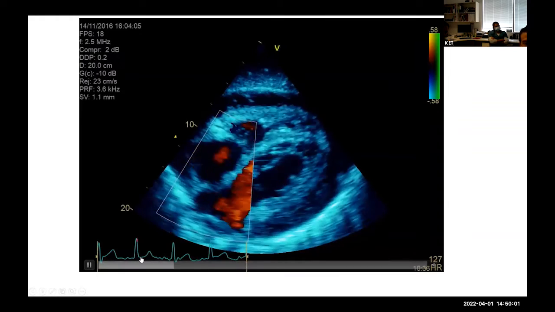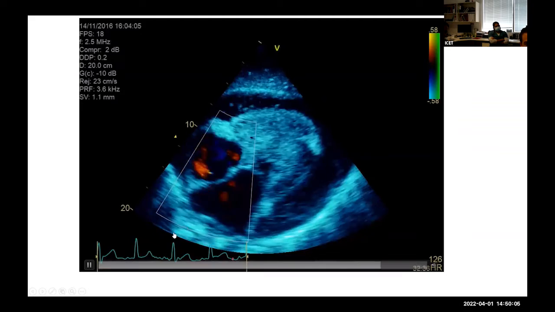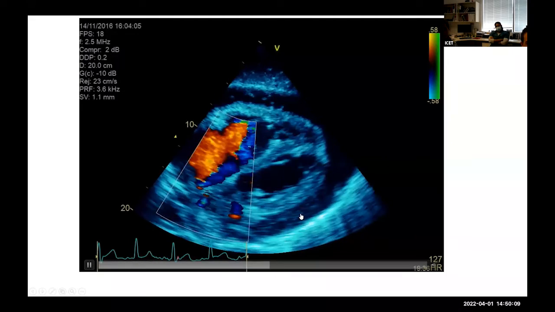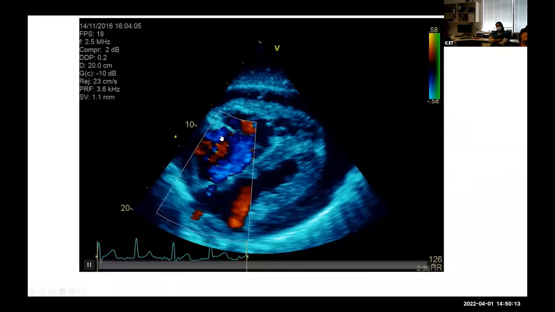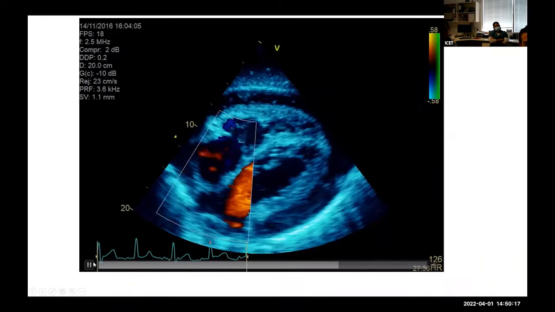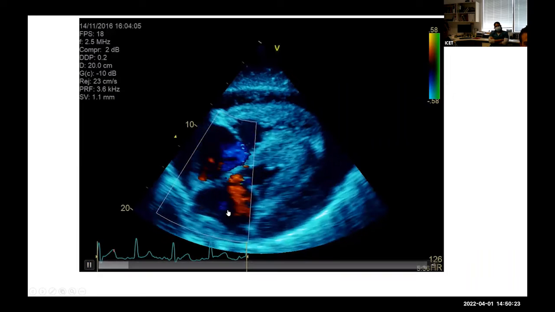Color flow from the same view as before, with the focus over the left and right atrium. I'd like to turn the color scale down to get a better idea if there's an intra-atrial shunt. No, there wasn't. Otherwise, all I can see is significant TR.